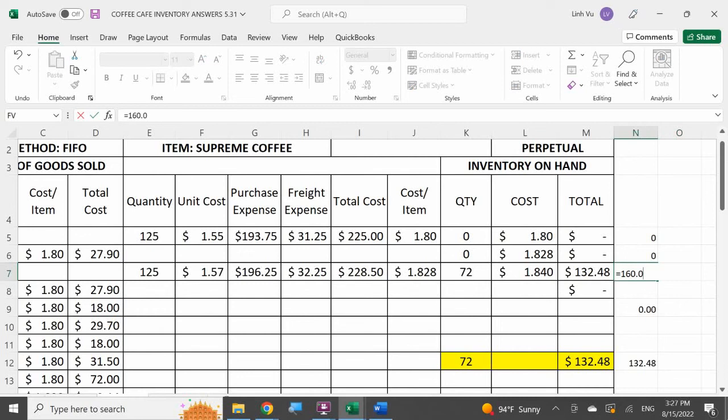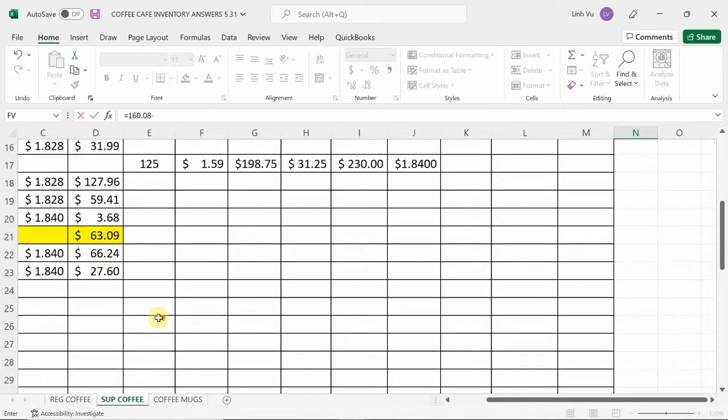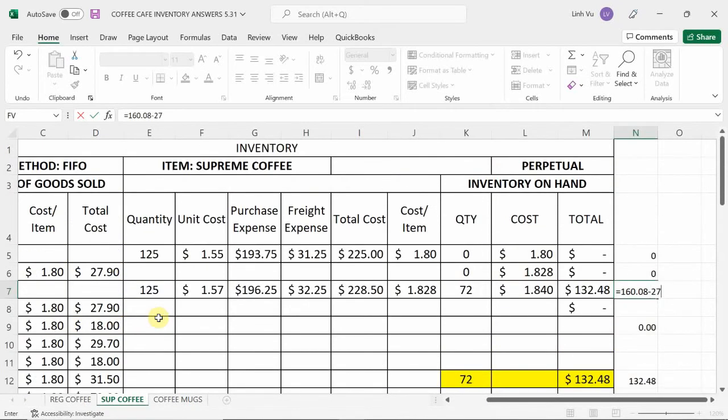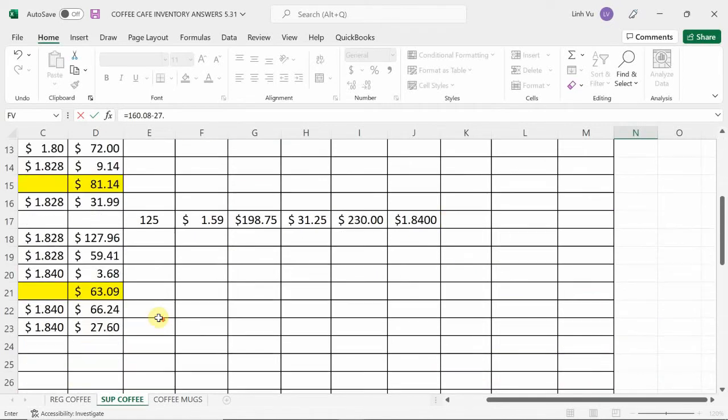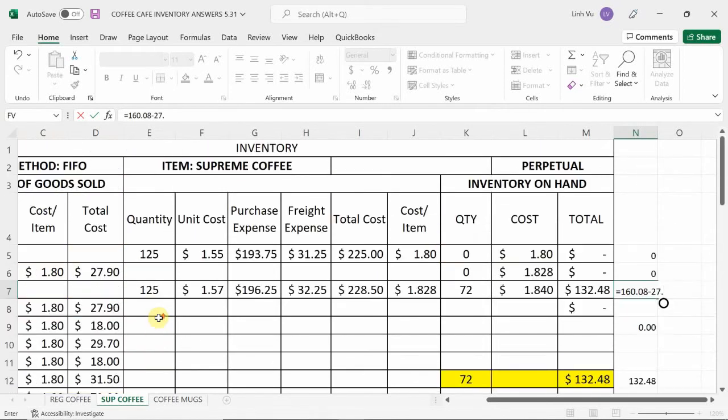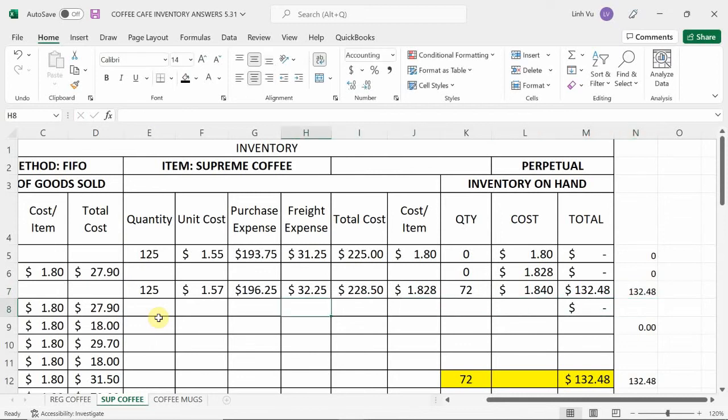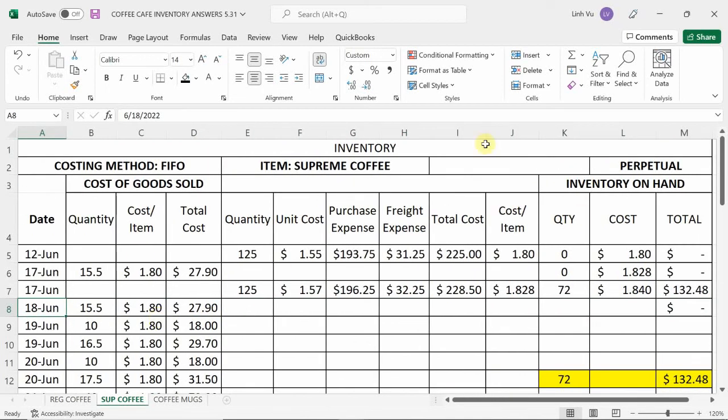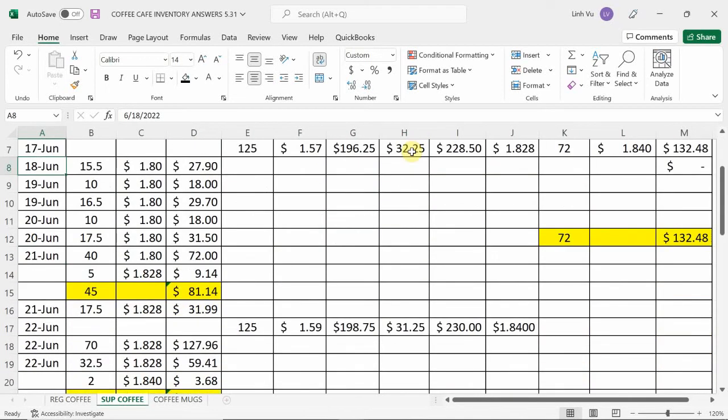We have 72 and $132.48. Yes, that's what I have too. Okay. So 72 pounds at 132.48.